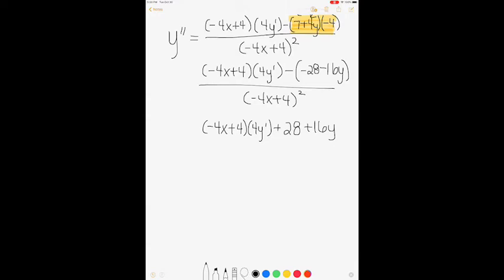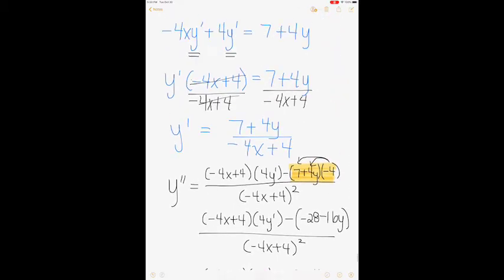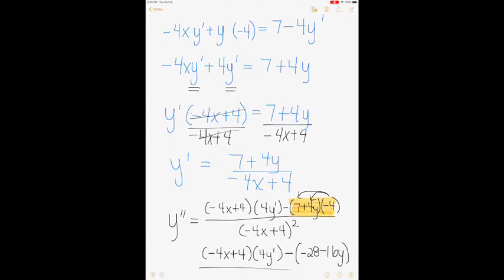All right, now I need to replace y prime. My answer is only supposed to have x's and y's, no y primes. So I need to replace this with this right here.